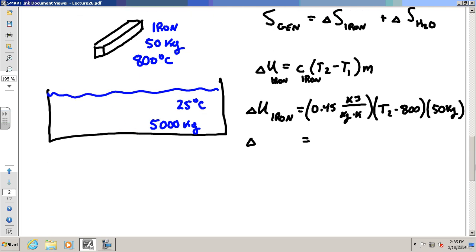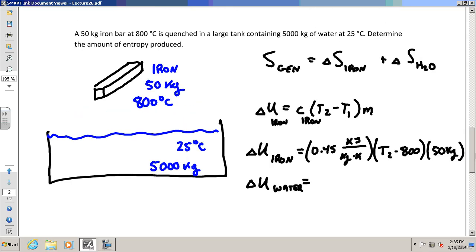Let's also do change in energy of the water. Not exactly. Why aren't they exactly equal to each other? They are equal to each other with one little caveat. No, we're not talking about entropies at all.